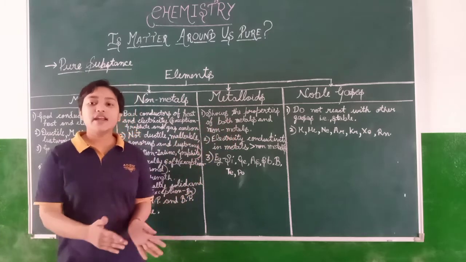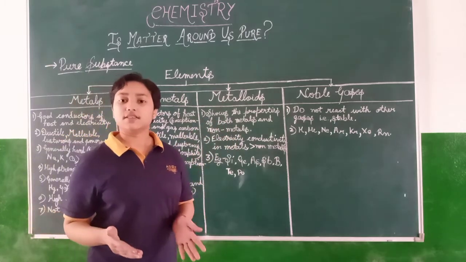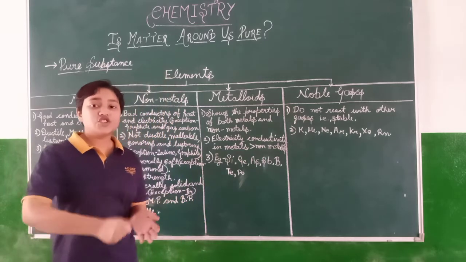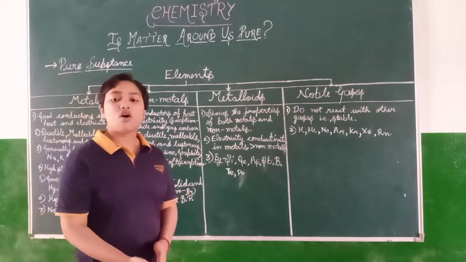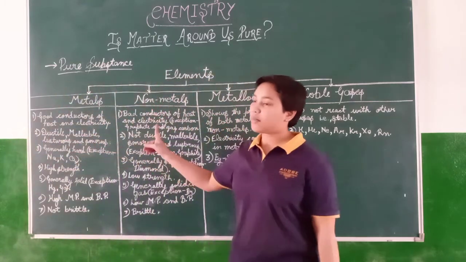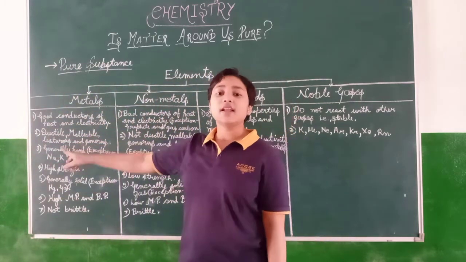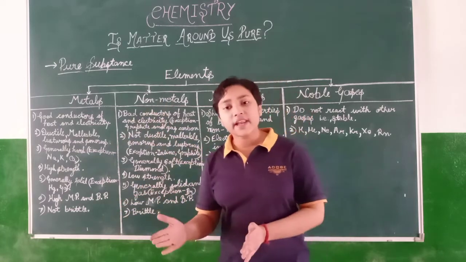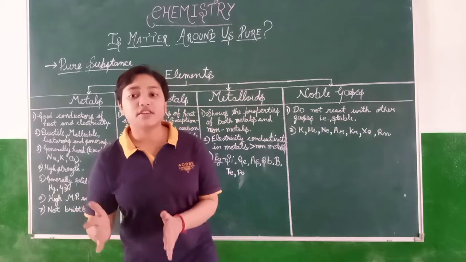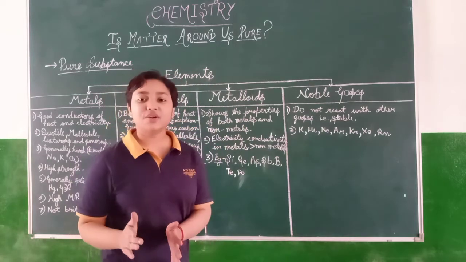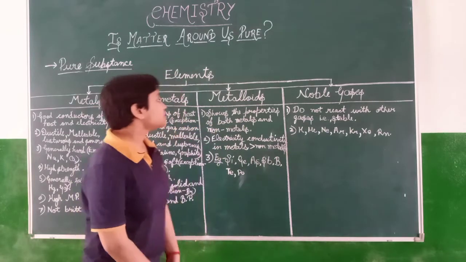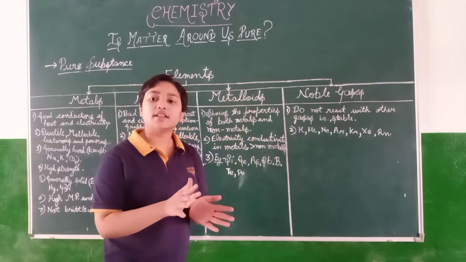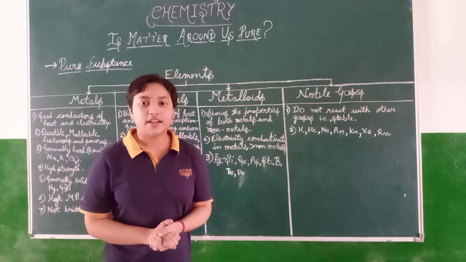Metalloids. Metalloids are special substances which show the properties of both metals and non-metals. Metals are electropositive elements. Non-metals are non-electropositive elements. Metalloids are both metals and non-metals, so we can call them semi-metals.